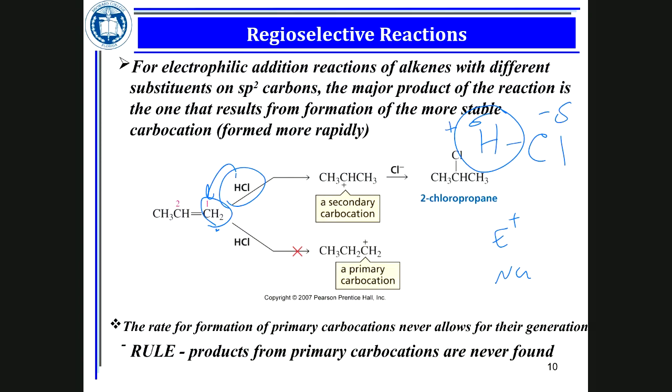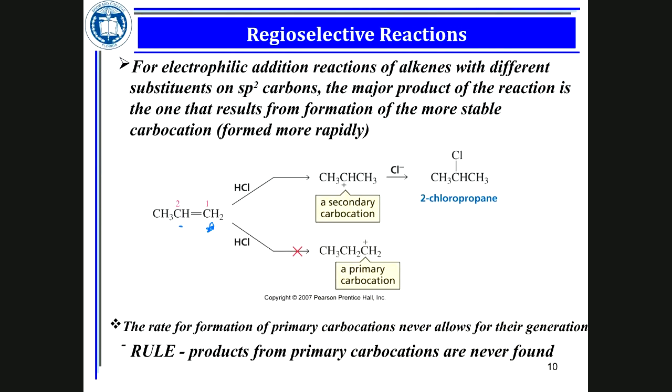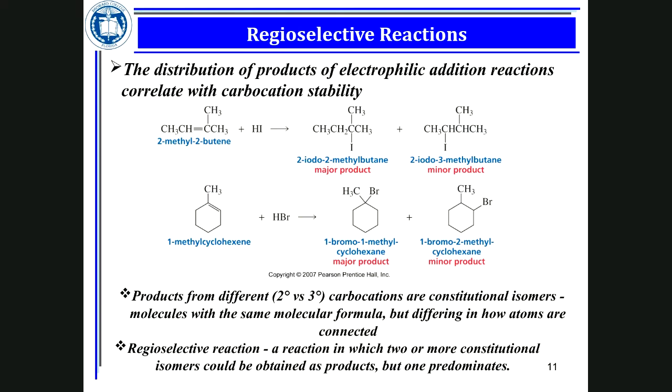So if this doesn't happen, like if the hydrogen goes to carbon 2, your carbon 1 is going to take the plus charge, and that is a primary, so it's not going to happen. This is very slow, a very minor product from this, and this would be your major product. So primary carbocations, because they are not stable, are not going to form.